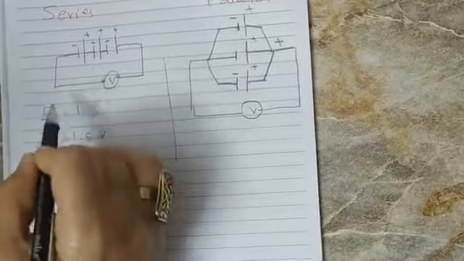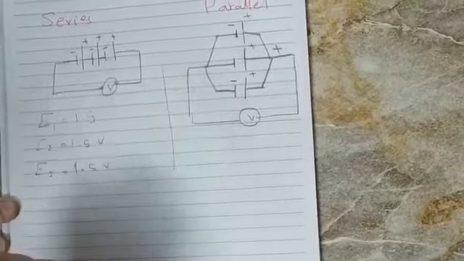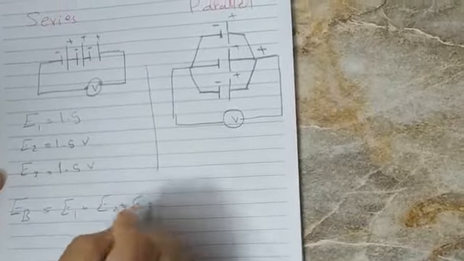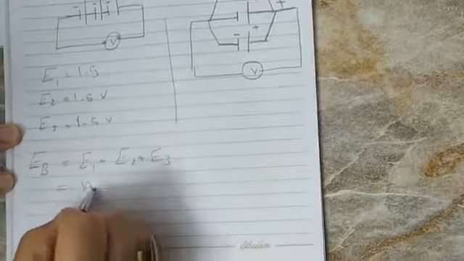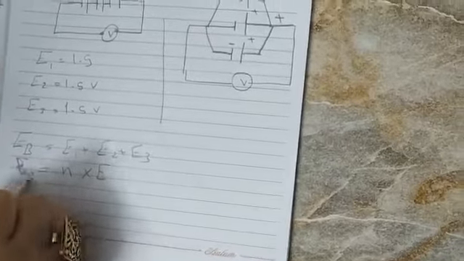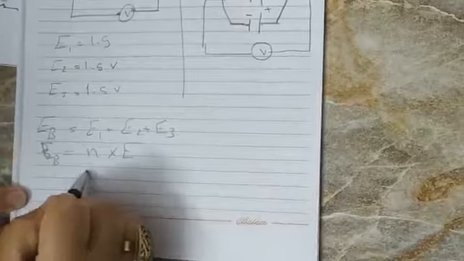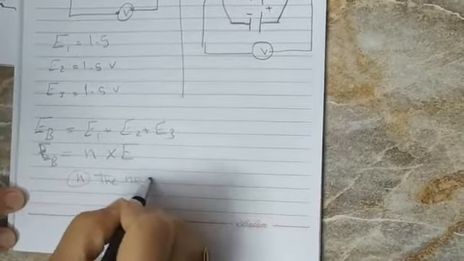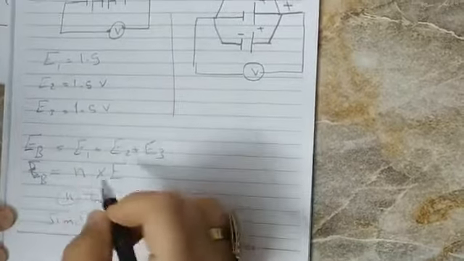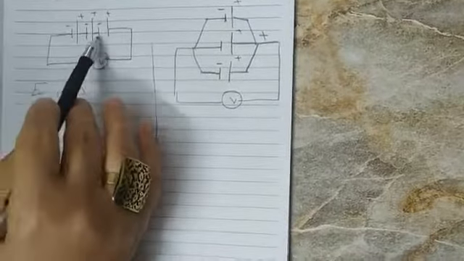So when they are connected in series, E battery equals E1 plus E2 plus E3, or equals N times E1 or 2 or 3. This is E battery, while N is the number of similar cells. So to increase the electromotive force of the battery, we have to connect cells in series.